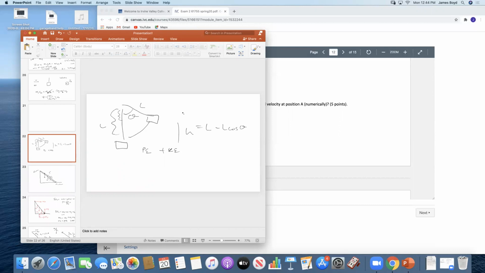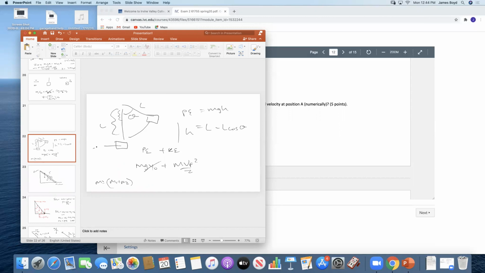Whatever h it gets up to, it only has potential energy of mgh up here. So this is mg y initial plus mv final that you just found. And remember that m is actually m1 plus m2 in this part. And up here, h is L minus L cos theta.